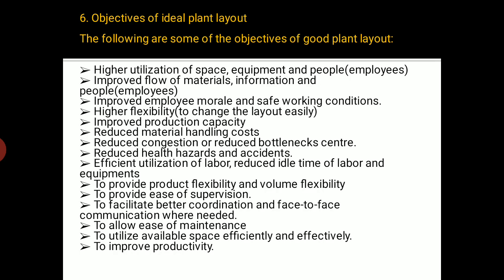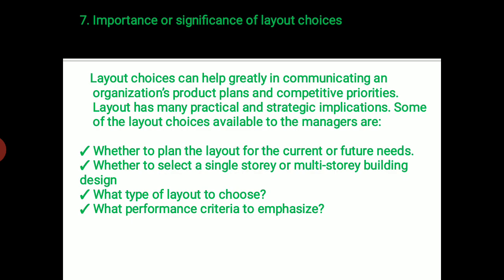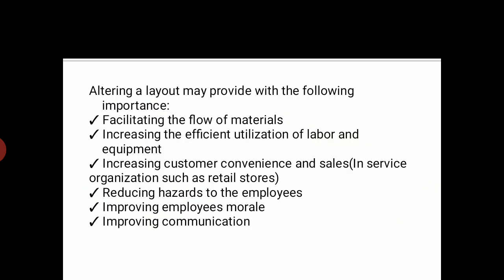So whatever we have studied here under the different points tells us about the objectives of the plant layout, the purpose of the plant layout, or its aims also. All right, next we are going to deal with the importance. There are many importance of layout choices that we'll be saying here.